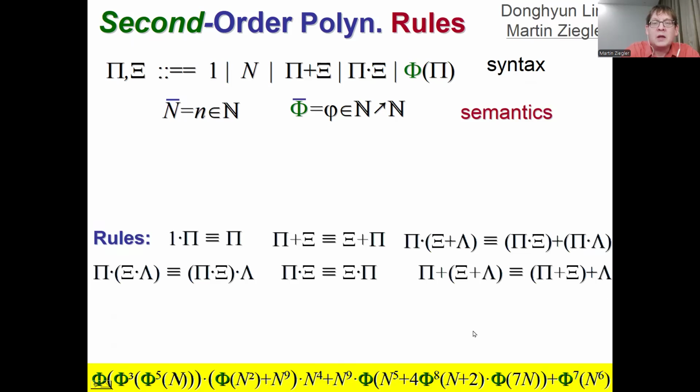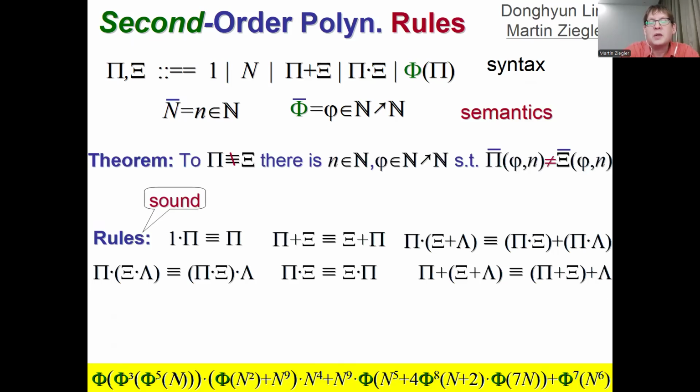So these are the designed second order polynomials, and they induce semantics, still satisfying the commutative, associative, and distributive laws and the neutral elements. And again, we turn these semantic properties into syntactic axioms, rules, such that they are sound by construction.